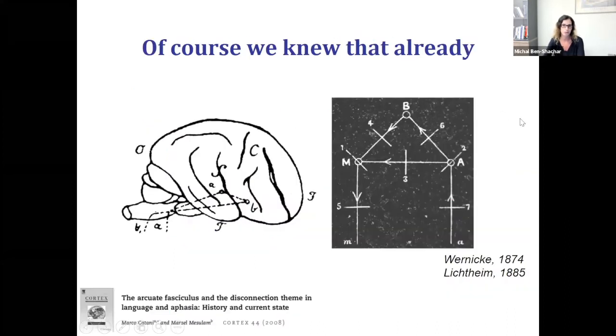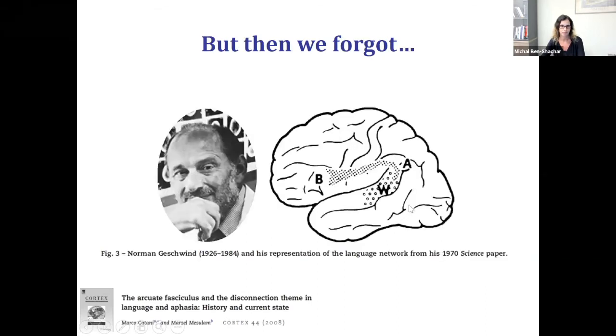Of course, we knew that already back in the late 19th century. We already had a very clear idea in the literature on neurology of language and the brain that there are converging and diverging pathways for language processing. But then we forgot for a while.